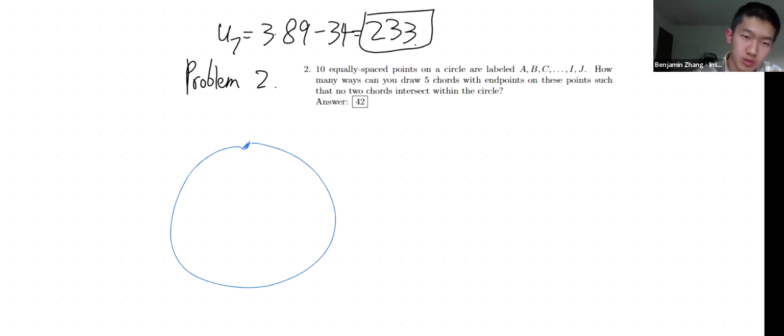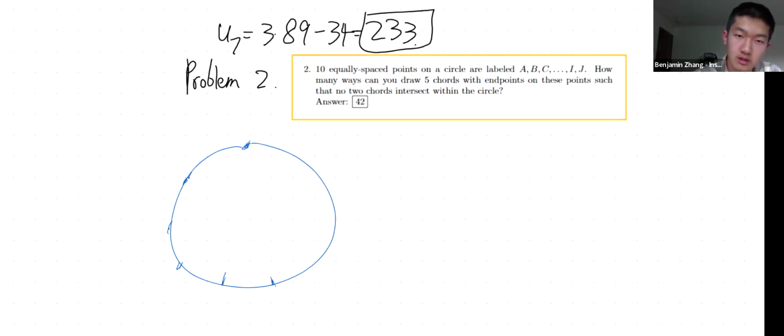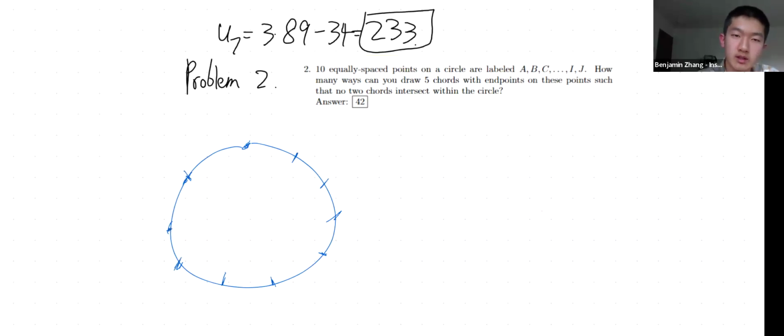I'll just quickly mark them 1, 2, 3, 4, 5, 6, 7, 8, 9, 10. I'll label A, but I won't label the rest of them. And you want to draw 5 non-intersecting chords within the circle, and you're asked how many ways you can do this.